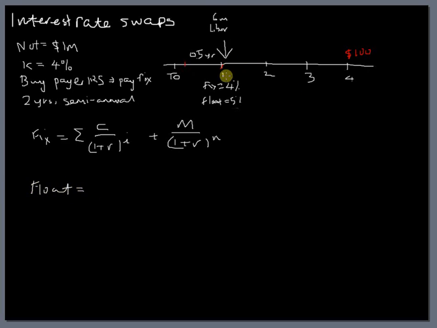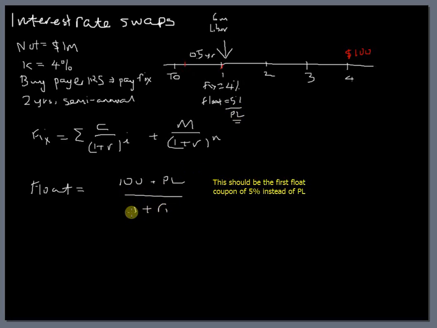And the valuation of a floating rate bond is even easier. As at this point in time, the value of a floating rate bond is par, it's $100. And at this point in time, there's a P&L here, plus the P&L here, and discount this value using the first period discount rate.